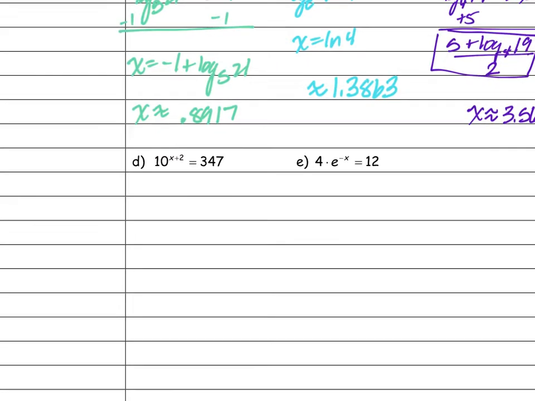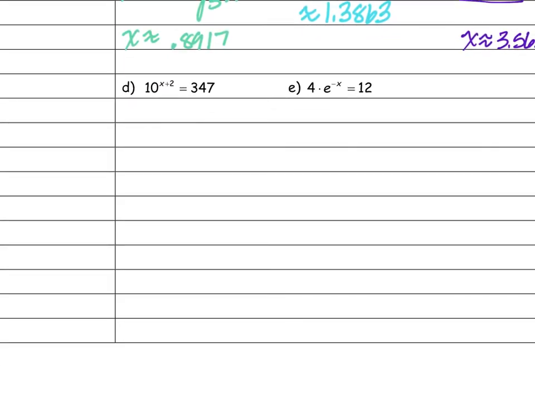Okay. For the last two problems, again on D, it's all by itself. So this is log base 10 of 347. And remember, if it's log base 10, I don't have to write the base because that's the common logarithm. So I don't have to write the 10 there.